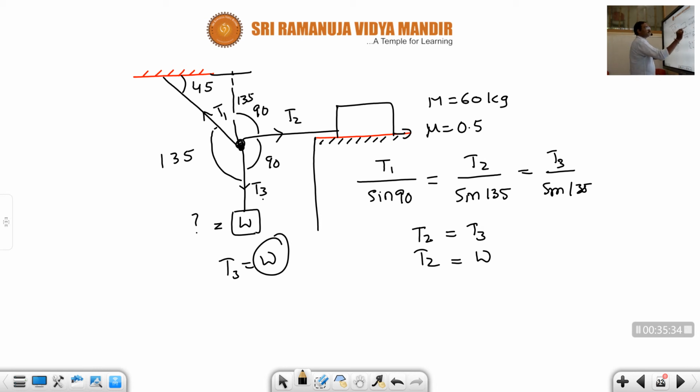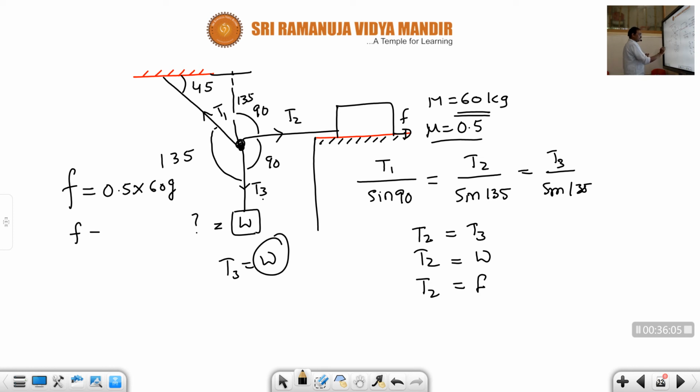Now T2 is compensated by the force of friction. T2 is compensated by force of friction, then T2 is equal to the amount of friction over there, that is the amount of weight required to hold the system under equilibrium. Then in that situation, if you want to find the frictional force F, F is equal to μ, that is 0.5, into weight 60 g, so F is equal to 1 by 2 into 60 g.